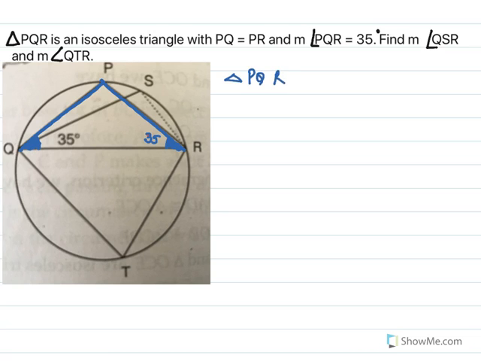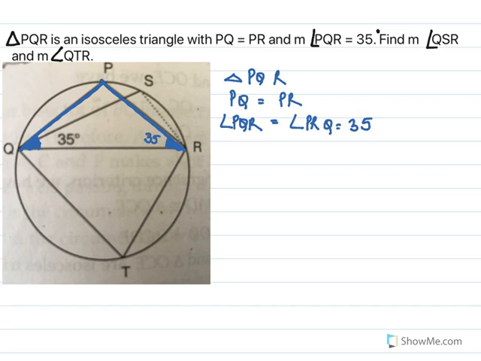So in triangle PQR, PQ equal to PR. If PQ equal to PR, which are the base angles? PQR will be equal to PRQ. So PQR equal to angle PRQ equal to 35.